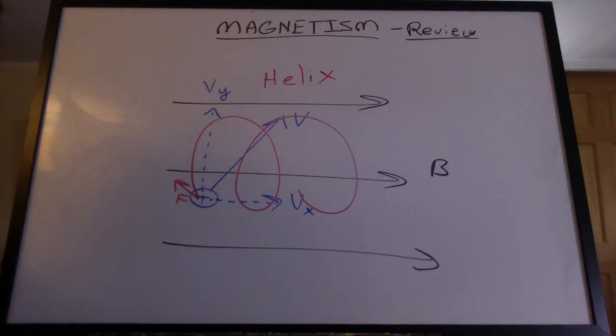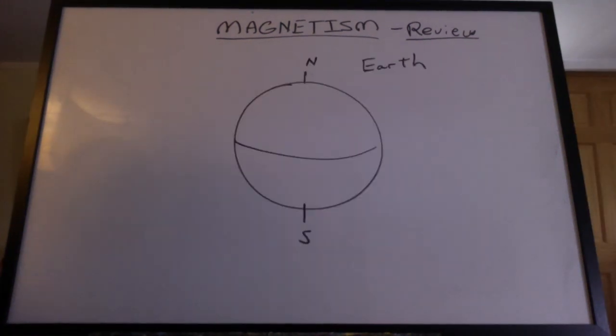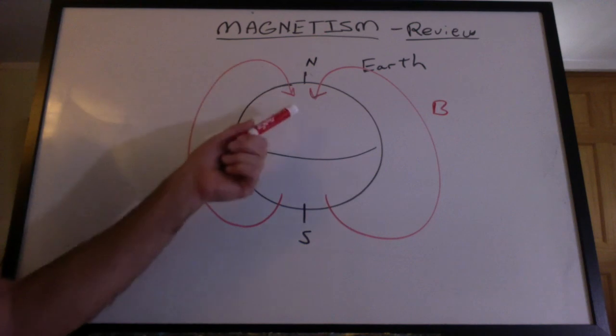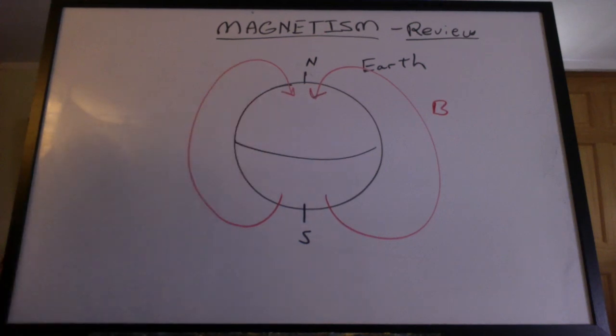Where do we see action like this? Here's the Earth. We said earlier that due to the metal core and the currents of that metal, the Earth has a magnetic field. That magnetic field comes out here and goes in here, making the north pole of the Earth actually a magnetic south pole.